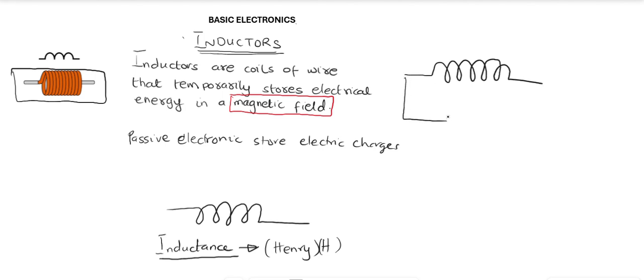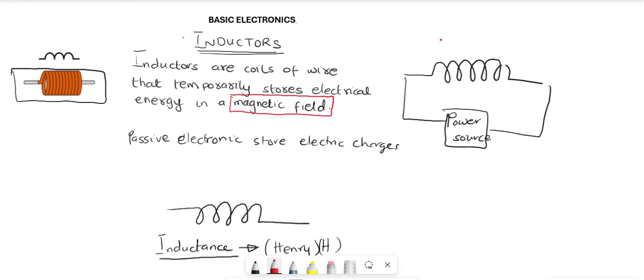Initially, it is storing the charges in the magnetic field. So we connect it to a source of power. Let's say this is my power source. Now charges are flowing. This power source produces the magnetic field.